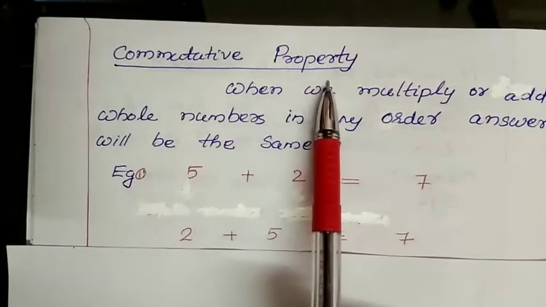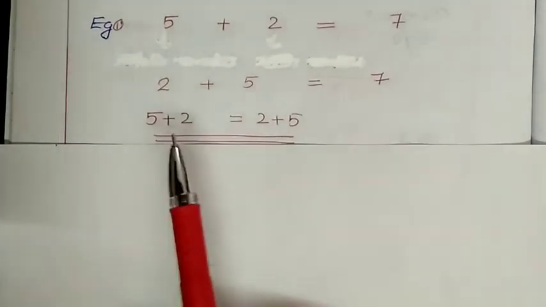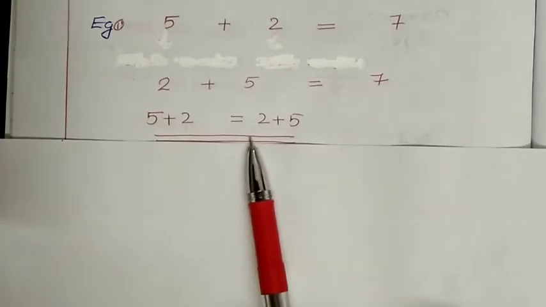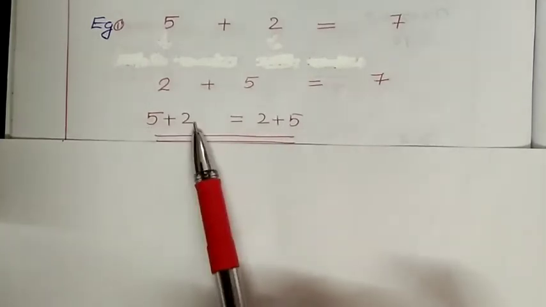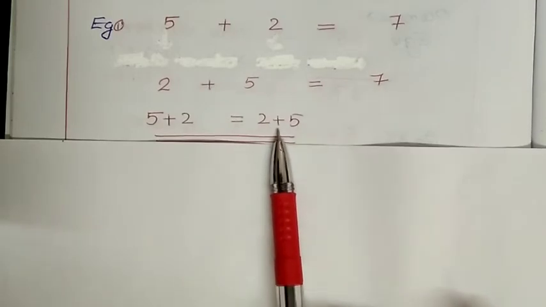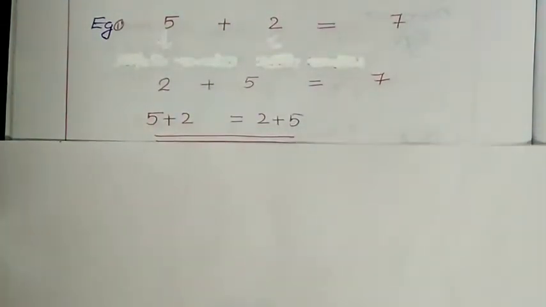That property is known as commutative property. So we say that 5 plus 2 is equal to 2 plus 5. That means when we change its order, there is no change in its answer. In the case of addition, commutative property is satisfied.